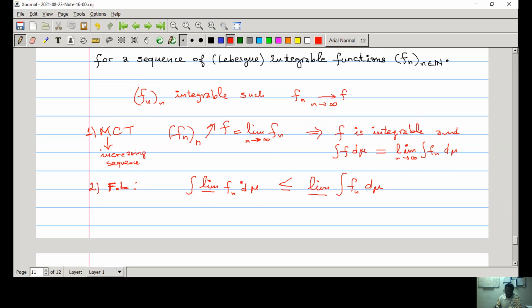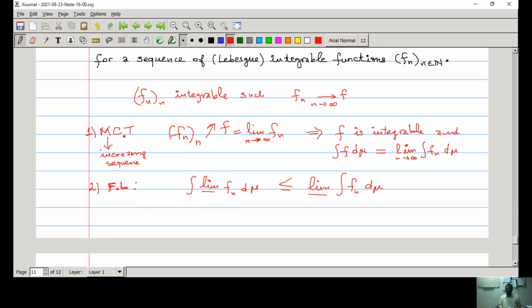So we cannot say whether they will be equal, but the integral of the limit f will be less than or equal to the limit inferior of this integral. That's the best we can say. We cannot say whether they are equal or not. So that's the Fatou lemma. There's no restriction: if you have a sequence of functions like this that converges to f, you will always have this.